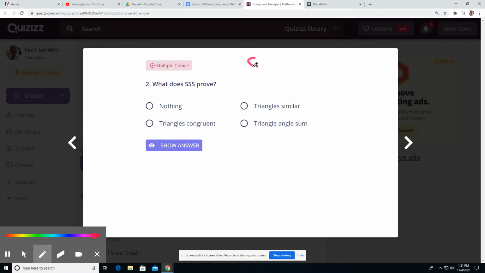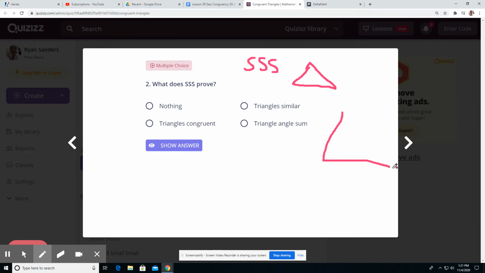Well, SSS, side, side, side, proves that if you have two triangles, even if they might look different, if all three sides are exactly the same, then the triangles are exactly the same.